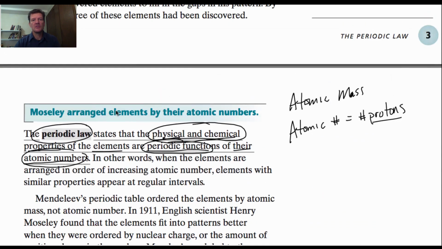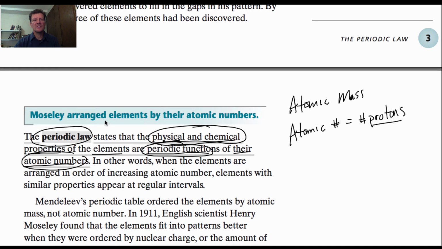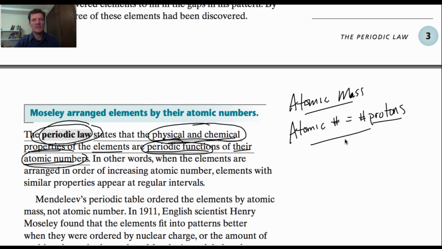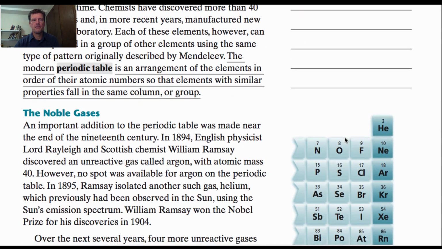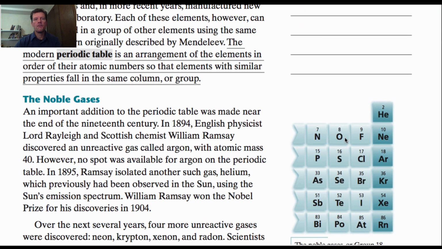So you should have the periodic law written down in your notes, and you can state it exactly the way it is, but also make a few extra comments there so you know some of the important marks of it. The modern periodic table is an arrangement of the elements in order of their atomic number, remember that's the number of protons, so that the elements with similar properties fall into the same column or group.